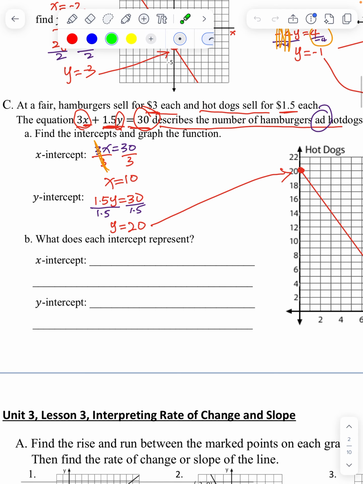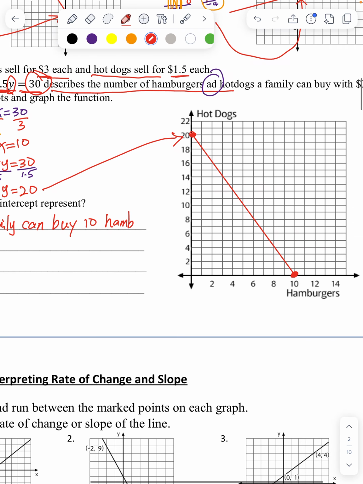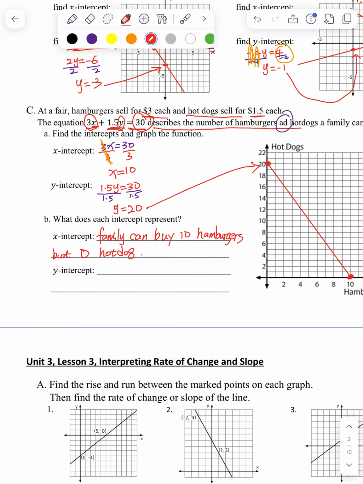You can put it: the family can use the $30 to buy 10 hamburgers but 0 hot dogs, right? You can use your own words. You don't have to follow exactly my wording.